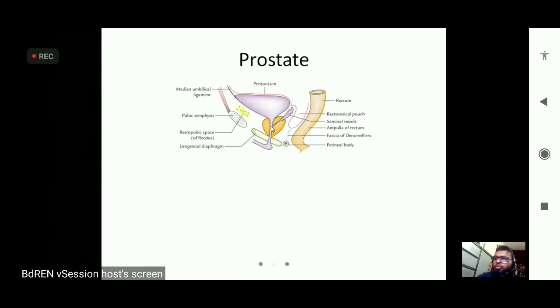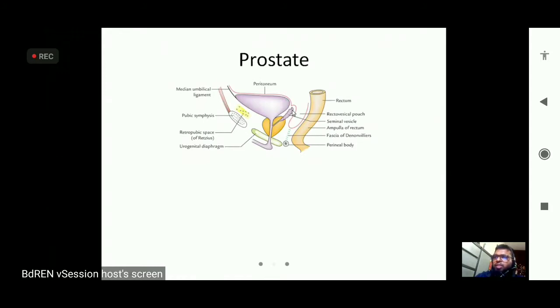So this is the common passage for urine as well as semen in the male. Females don't have the prostate or seminal vesicle. So this is about the location of the prostate and the major structures through it.